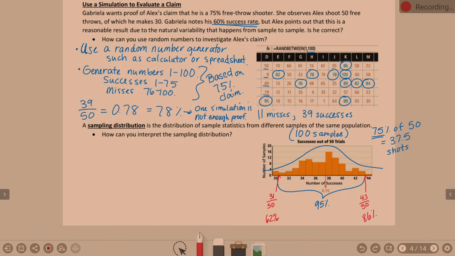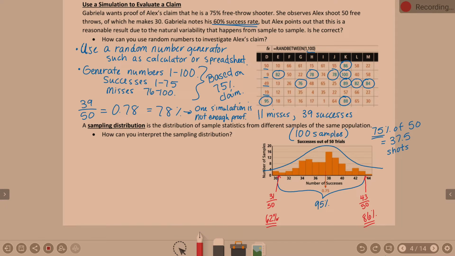So based on these trials, if a 75% free throw shooter is in a reasonable range, what is that reasonable range going to be between? It's going to be between 62 and 86%. Does that make sense? Now, what does this mean about Alex and Gabriella? Alex claims he's a 75% free throw shooter.